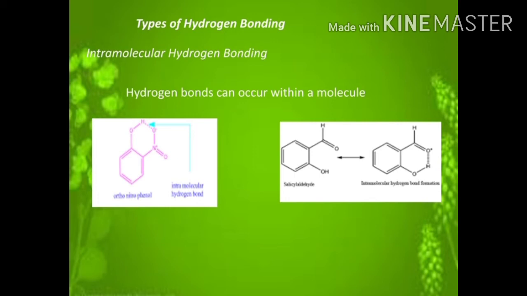The dotted line represents hydrogen bond, solid lines indicate covalent bond. These two compounds are the best examples for intramolecular hydrogen bonding. Therefore, intramolecular hydrogen bond means hydrogen bonds formed within a molecule.